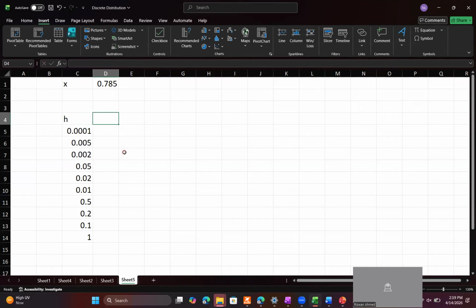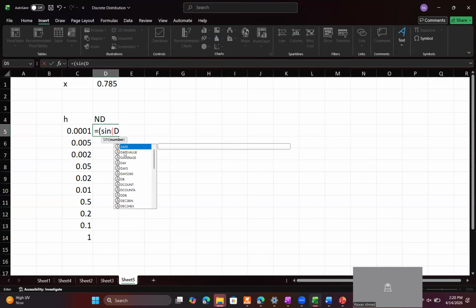Right? So now the numerical derivative, as in my notation, so it is with the forward difference method. So I will calculate sine of x value. So x value is at d1.